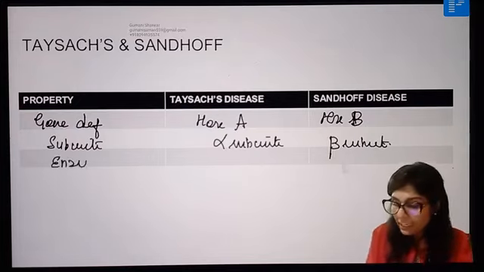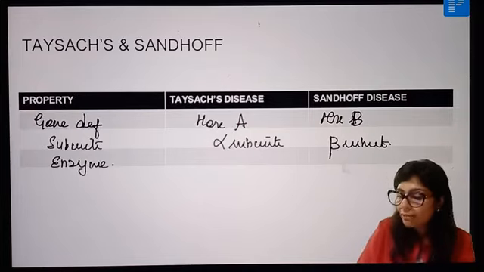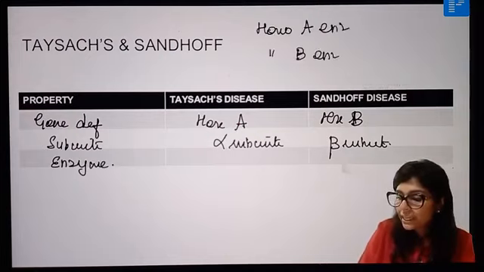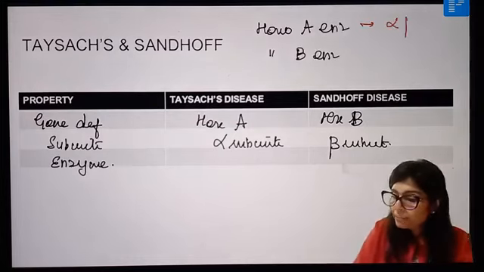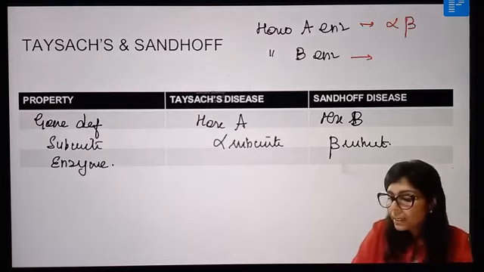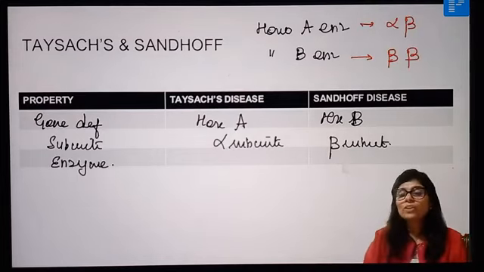Now about the enzyme. We have two hexosaminidase enzymes. One is hexosaminidase A enzyme, the other one is hexosaminidase B enzyme. A enzyme is made up of alpha and beta subunits. B enzyme is made up of beta and beta subunits. Do you understand this?